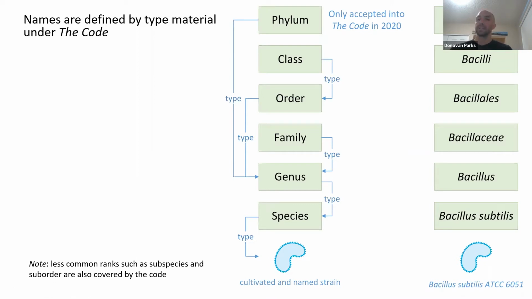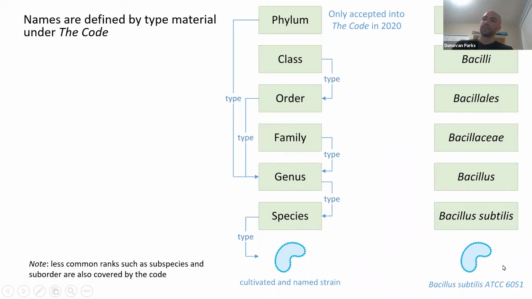This is something that we actually have cultivated. And the idea here is this strain is an actual biological entity. This is something that exists in nature. So ultimately, all the names we should use should tie back to this strain because it's the real biological thing that we care about. And what this flowchart is showing is that the type of a species is a strain.